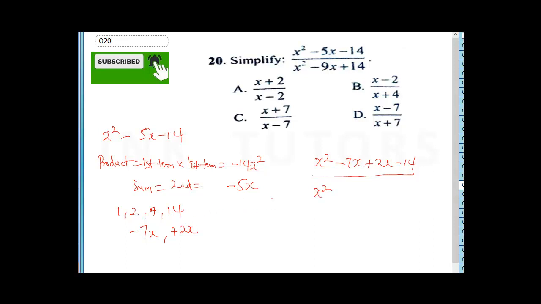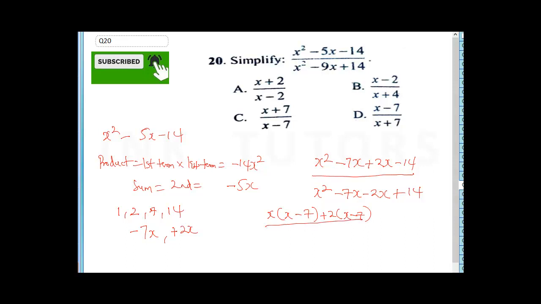Now 2 and 7 will still go, because when you do minus 7x minus 2x, it will give you minus 9x, and when you multiply them, it will give you plus 14x squared. So plus 14. Now this will give me x into x minus 7 plus 2 into x minus 7.